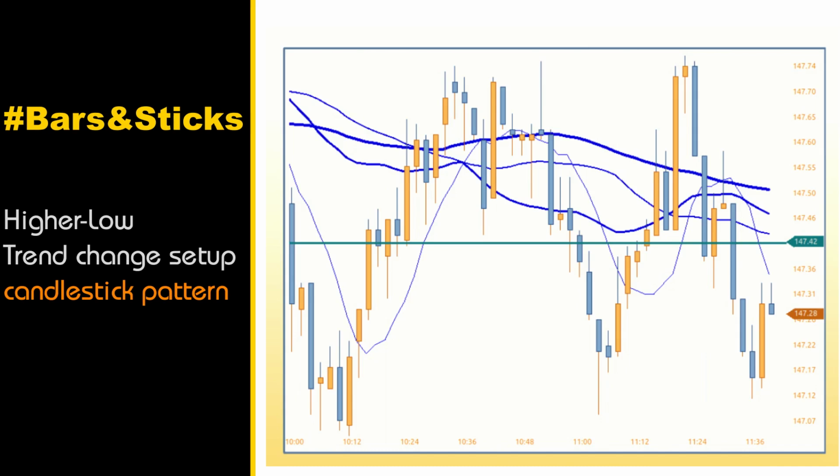So I'm waiting to see what happens after this bar. If this bar is formed and another bar cannot move higher, then that's a good sign that this is going to move lower past this low. So this is the main area. And look at this bar.